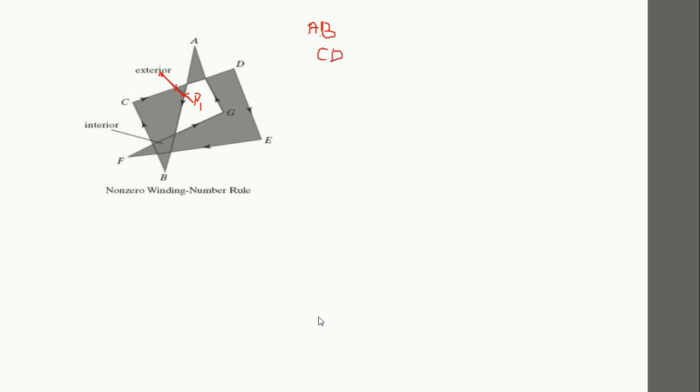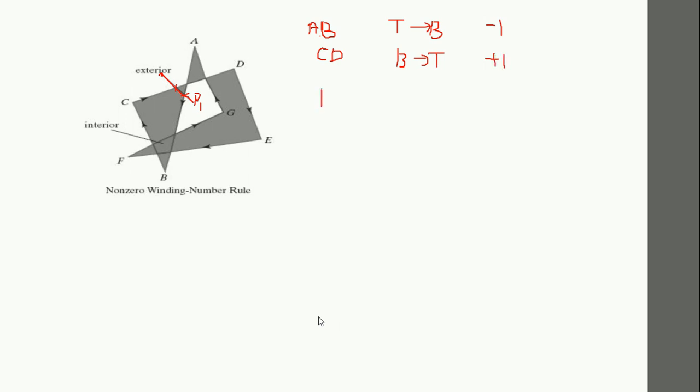AB is moving from top to bottom, and CD is moving from bottom to top. Top to bottom means winding number is -1, bottom to top means winding number is +1.